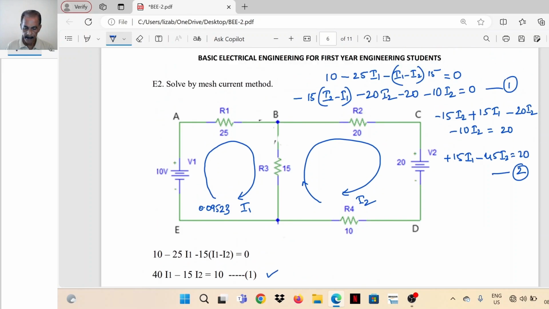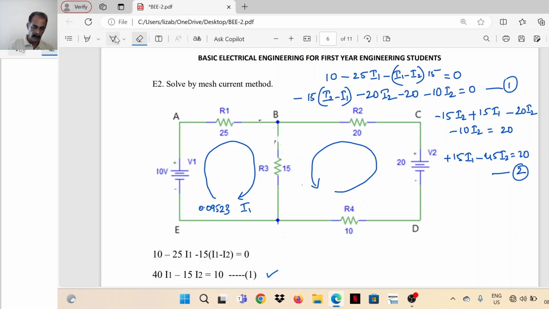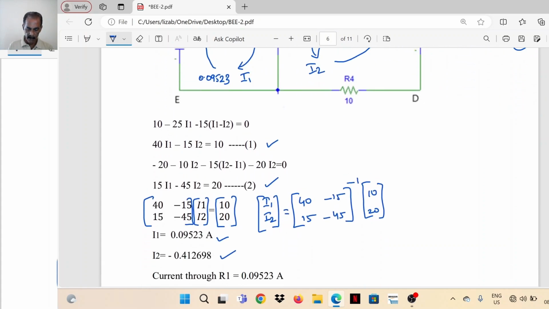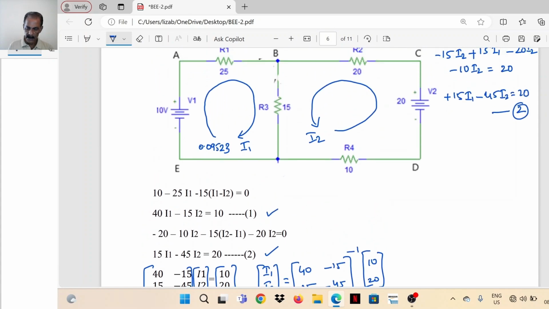This is the direction we have assumed, but we are getting a negative value, so the actual direction is opposite to the assumed one. The I2 value is 0.412698.